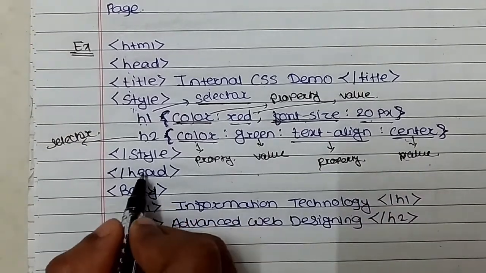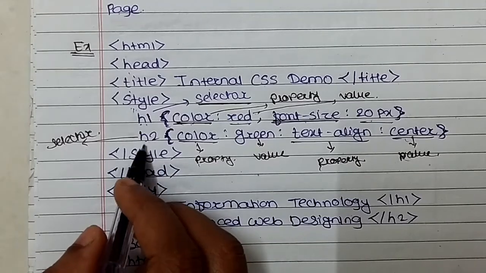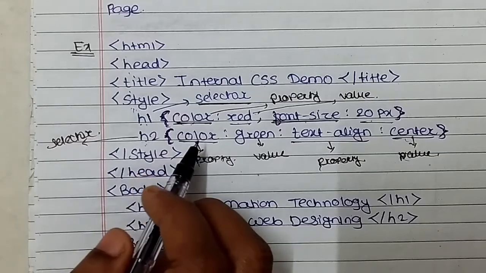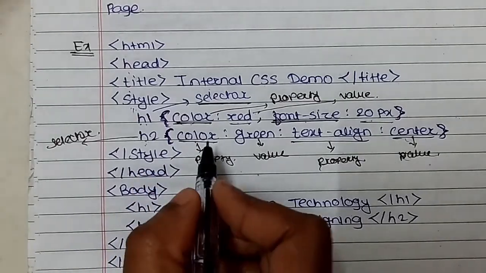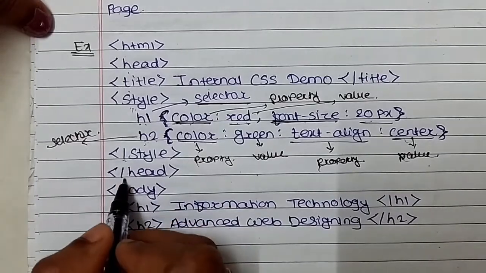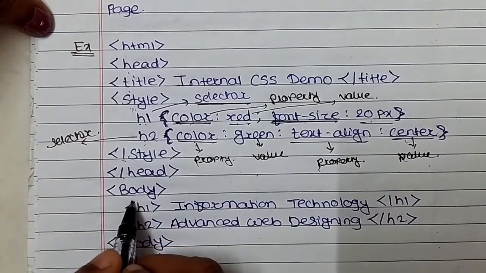In this way we can design any number of selectors and set the properties of each selector. Then close the style tag, close the head tag, and then open the body tag.